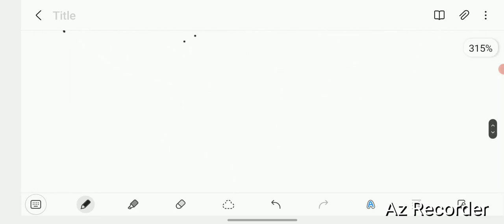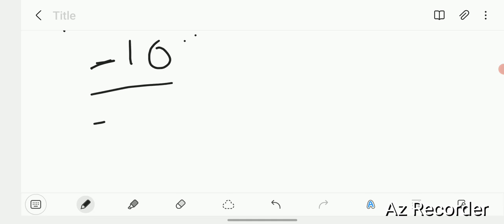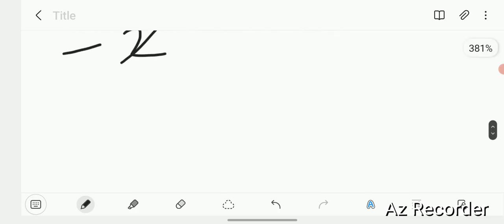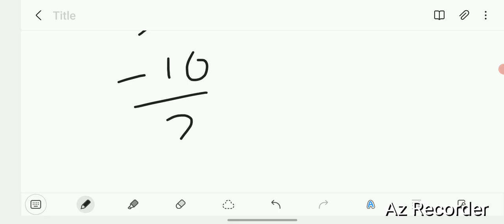And then, illustrate this with the help of examples. Okay, first one, minus 10 divided by minus 2. The answer is always plus. 2 ones are 2, 5s are 10. This is 5. Next, minus 10 divided by plus 2.